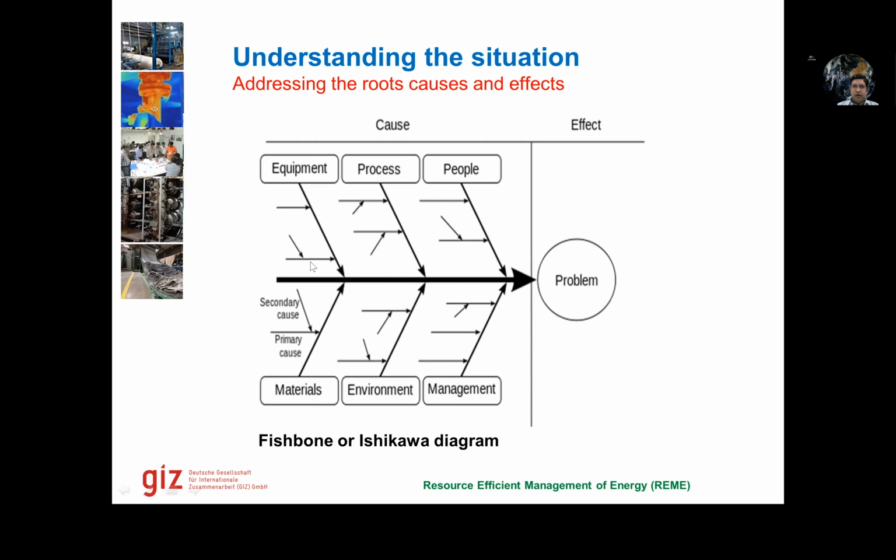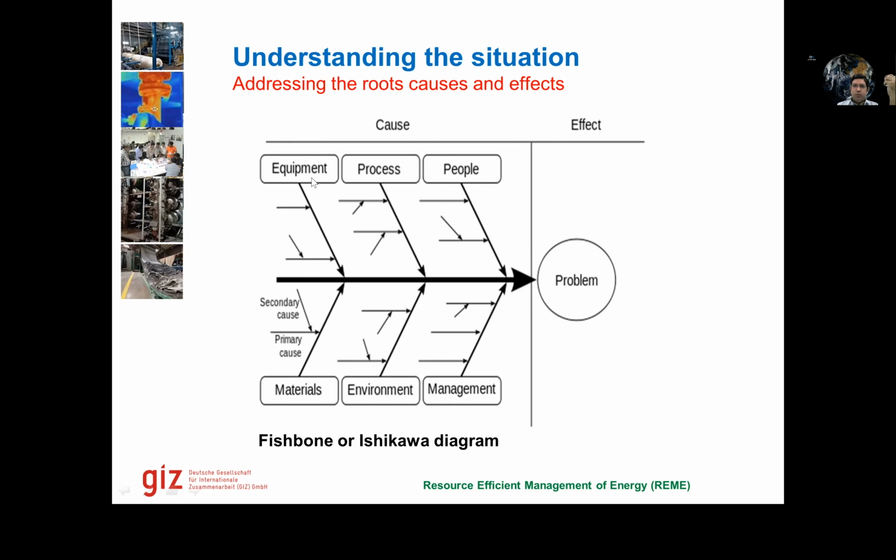Fishbone, we've seen that. This is one example which has six aspects. The original text of Dr. Ishikawa talks about 4 aspects: man, machine, method, and material. That is the method I usually take.